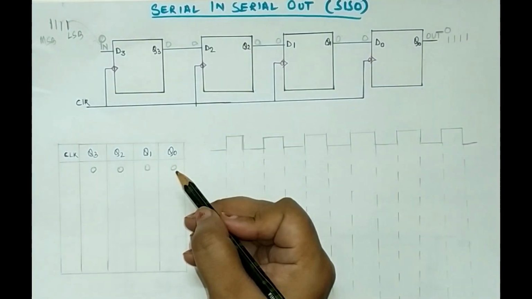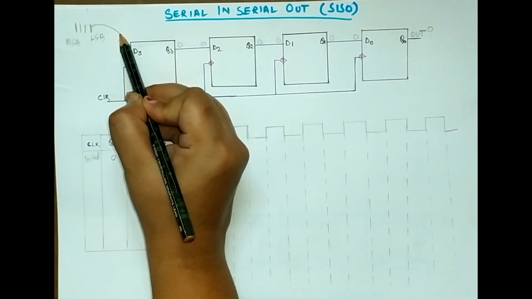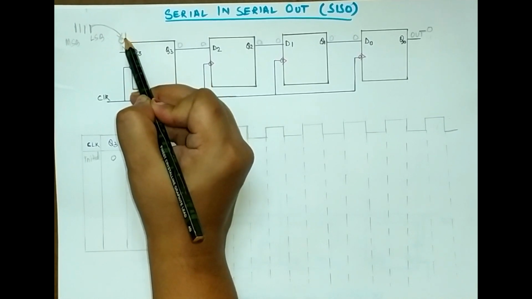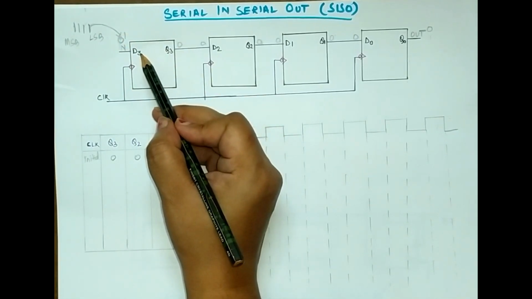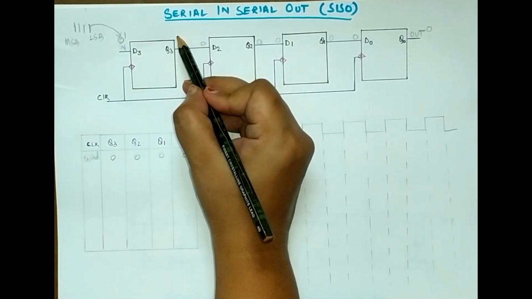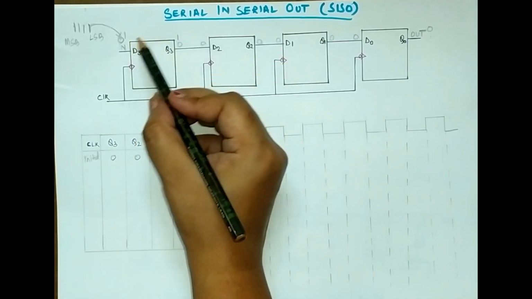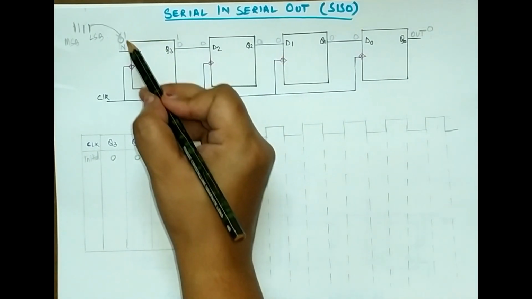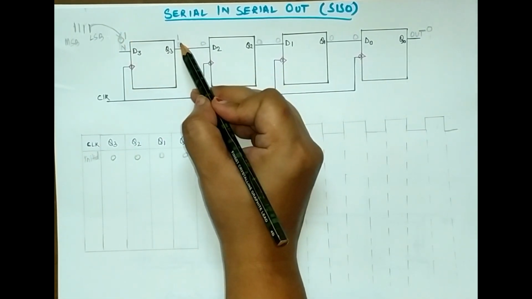Okay. Next, when we give one input to this flip-flop, what will be the output of this flip-flop? It will be 1. Now first see what the input to each flip-flop is. I am giving 1 to this flip-flop, and what was my previous output?